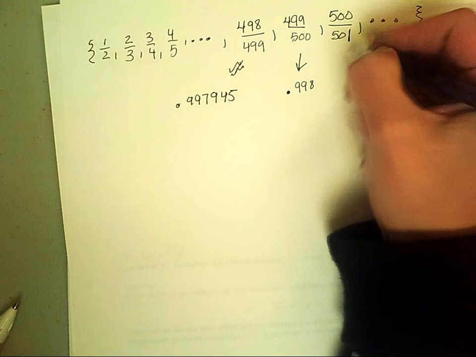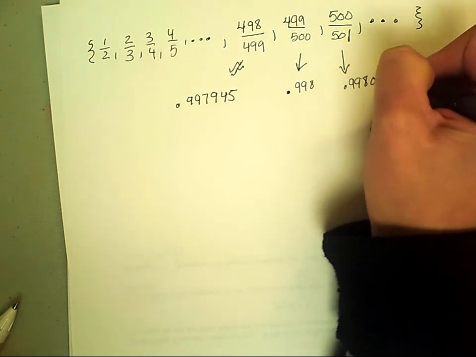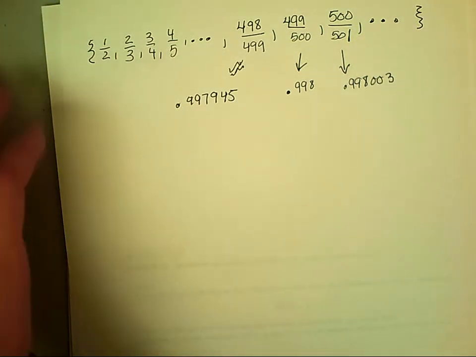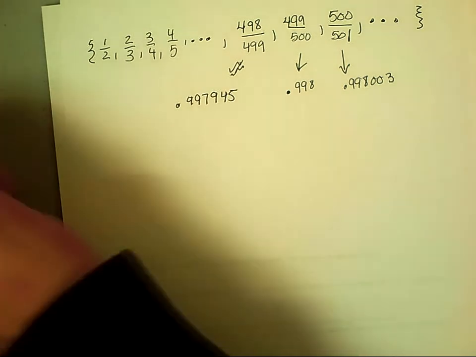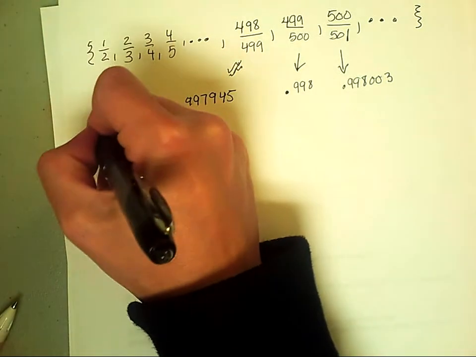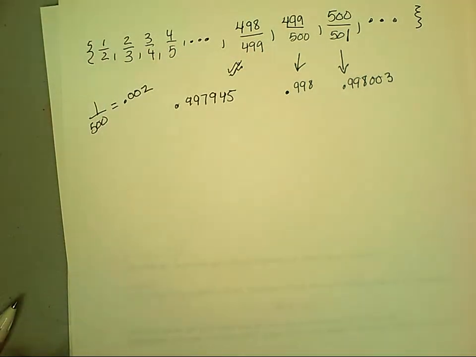This one is 0.998. This one's 0.998003, etc. Okay, these are approximations. And remember, we were looking to be within 1 over 500, which is 0.002.